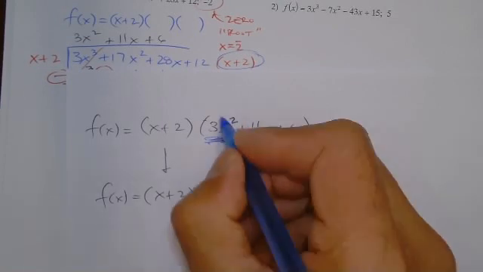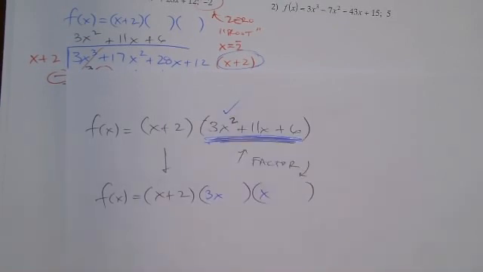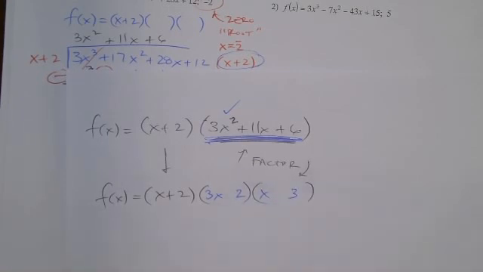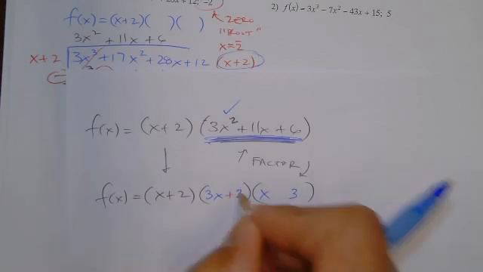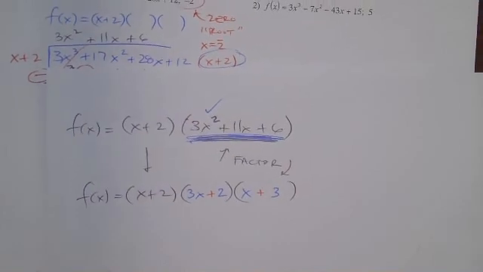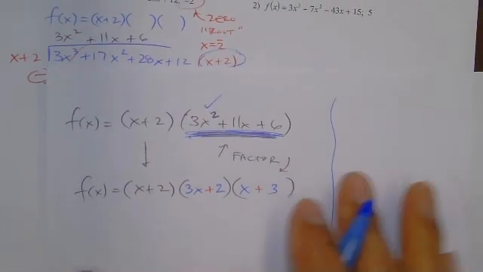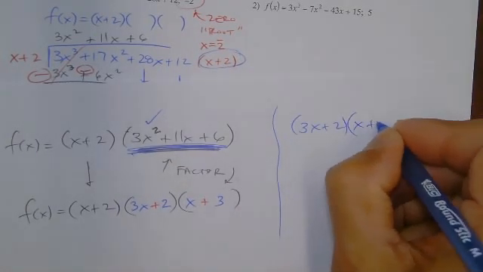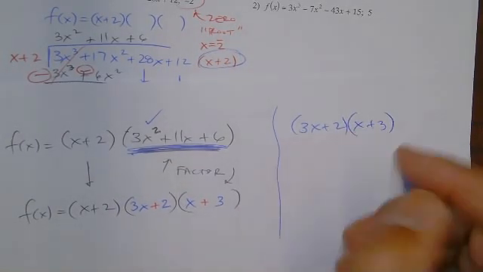Well, I know it's going to be 3x and x for sure to guarantee the front. And the 6 can be 1 times 6 or 3 times 2. I'm just going to do it real quick. I know it's 3 and 2, it's 2 and 3, like this, and they're all plus. How do I check if that's good? Let me just do it over here. 3x plus 2, x plus 3.